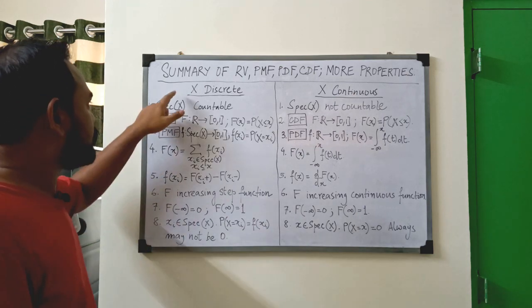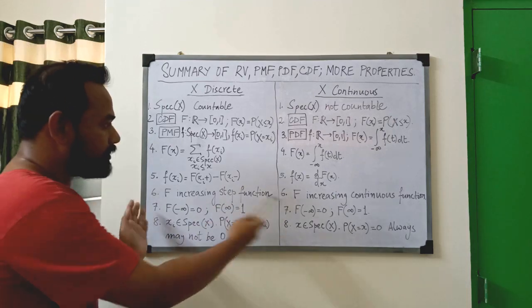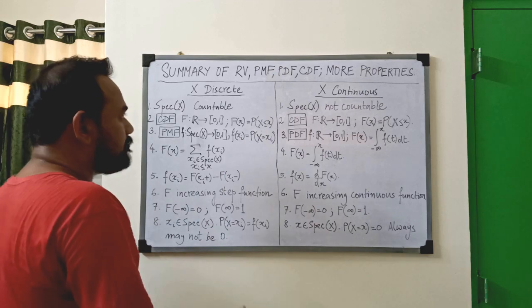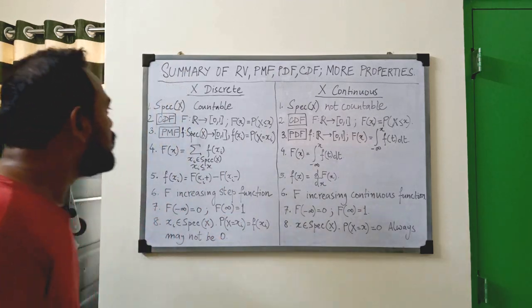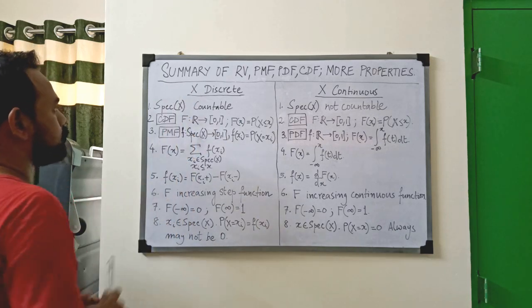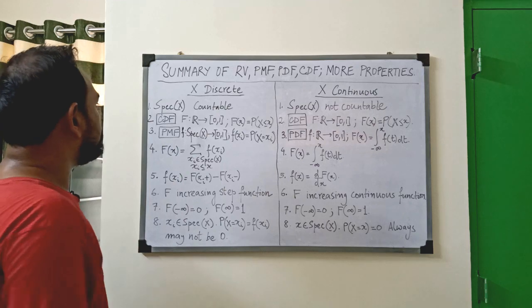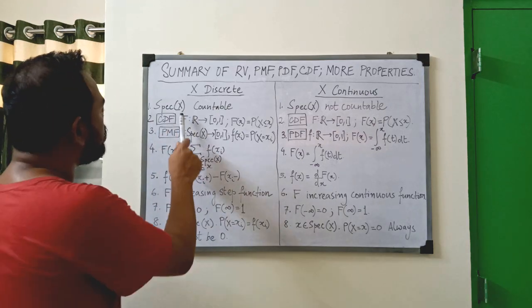So coming to what is a discrete random variable. Now let's come to the summary. We have a few differences between a continuous random variable and a discrete random variable, and a few similarities as well. First of all, X would be called a discrete random variable if the spectrum of X, which is the image set of X as a function, is countable.